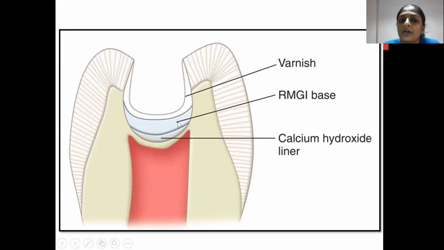Whereas if it is a wider or deeper cavity extending into the inner 2/3 or inner 1/3 of the dentin, we will have to give a base. This depends on the remaining dentine thickness. When remaining dentine thickness is very less, you have to give a liner followed by a base and only then go for the restoration.